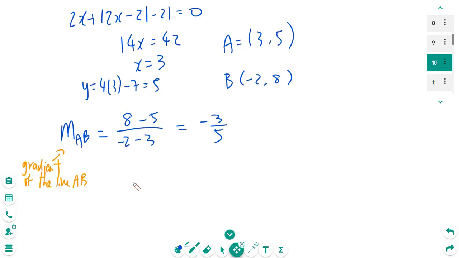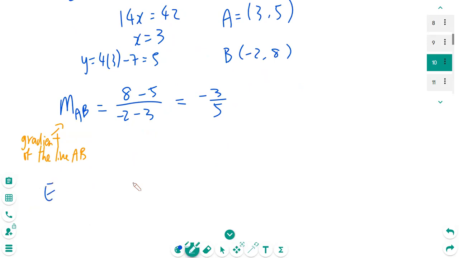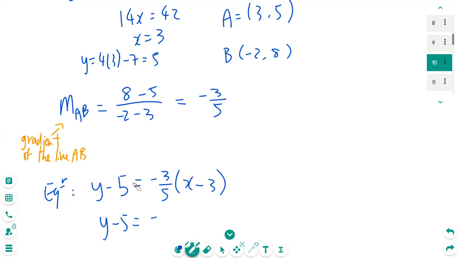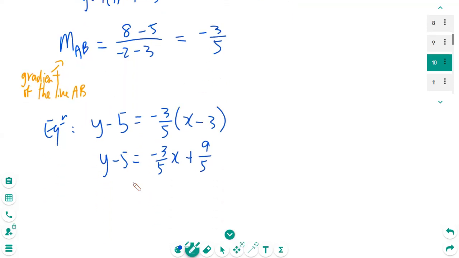So then I can now use the equation. So the equation is y minus y1. I'm going to pick A, for example. y minus y1 equals m(x minus x1). So y minus 5 equals, expand the bracket, minus 3/5 of x plus 9 over 5. Then I add 5 to the right hand side.